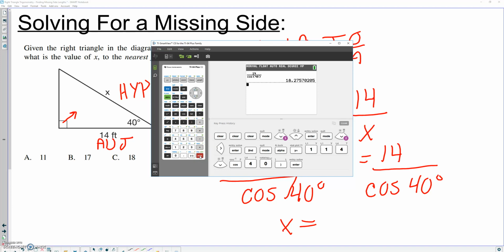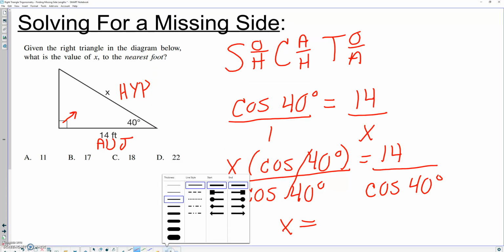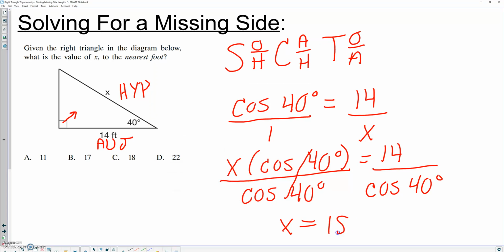Okay, so we get x is approximately 18.3. All right, so in this question, they wanted the answer to the nearest foot. So that would be choice C, 18 feet. All right, let's look at another example.